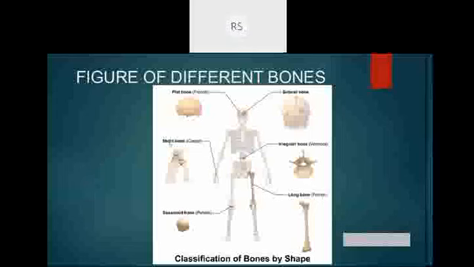Next, it is the short bones. The short bones mostly we find in the carpal. Here, you can see the carpal. This is known as carpal bones, or else short bones. You will find them mostly in your hand, that is in your wrist part.